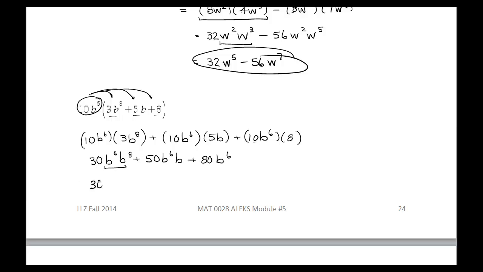I simply have my 30. 6 plus 8 is 14, so I have b to the 14th, plus 50, b to the 6th times b. Remember, if I don't have an exponent, it's assumed to be 1. So I simply have 50b to the 7th, and then I have plus 80b to the 6th. So that's my final answer.